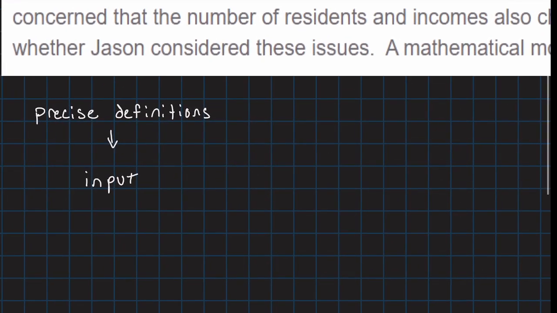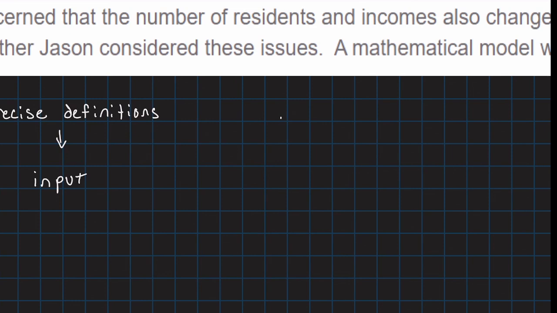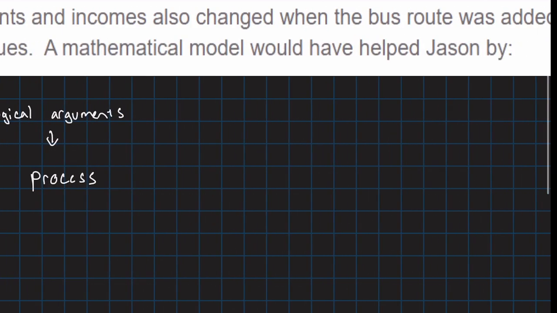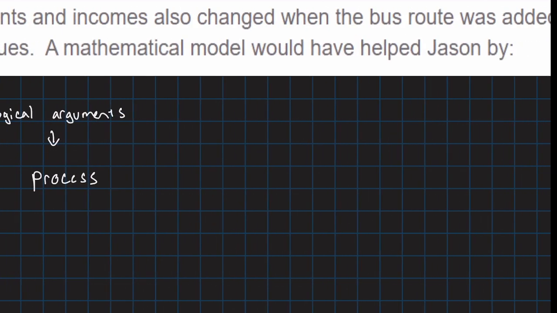The second one is logical arguments, and basically what we want to equate this to is a process. And then finally we have specific predictions, and what we want to equate this to is an output.